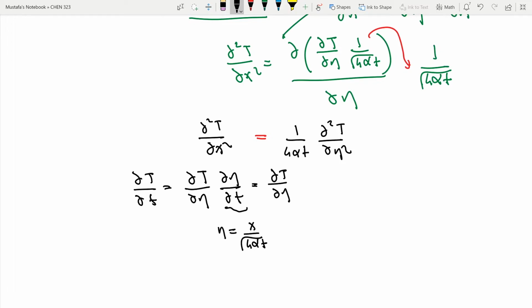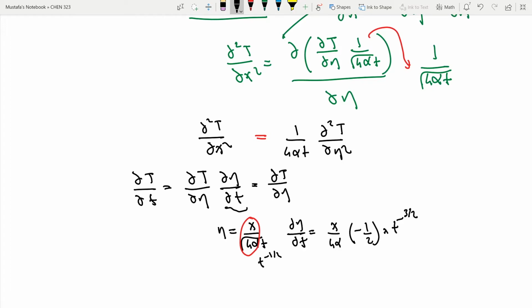So d eta by dt: with respect to t, these terms are constant. So we have x over the square root of 4 alpha, and this is t to the minus 1/2, and if I take the derivative, I'll have minus 1/2 multiplied by t to the minus 3/2.